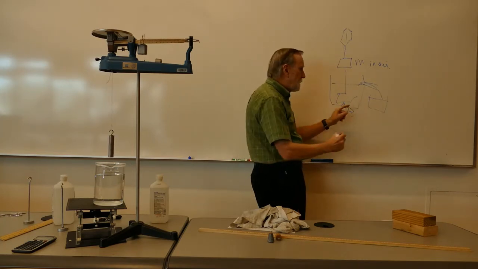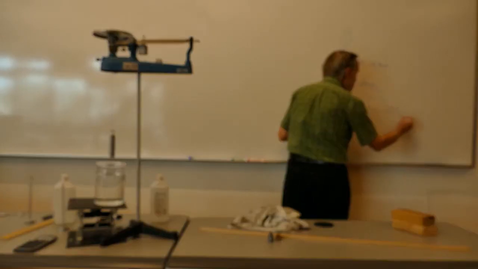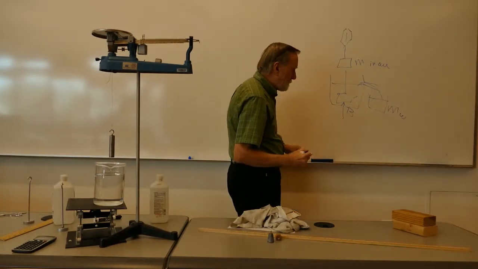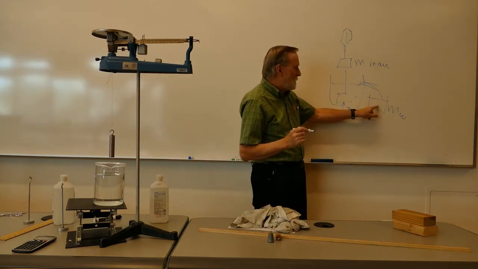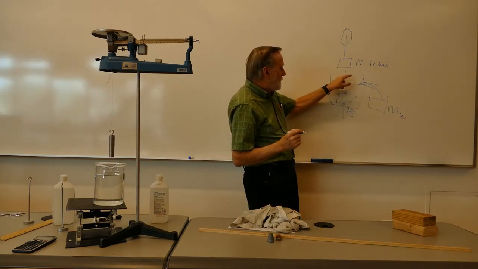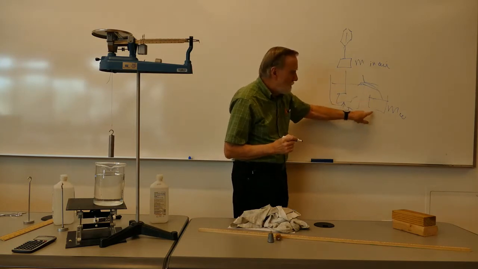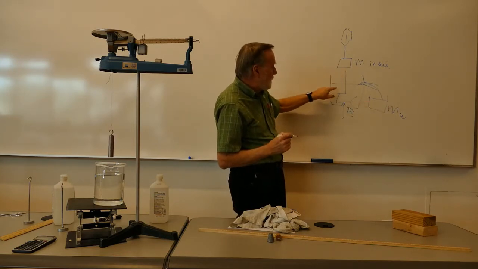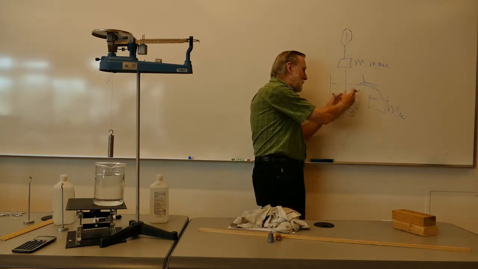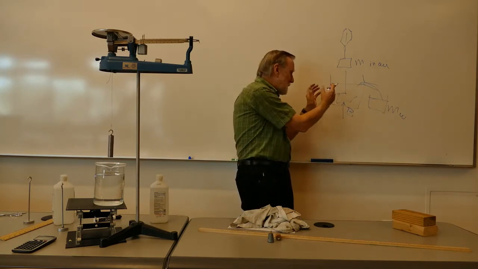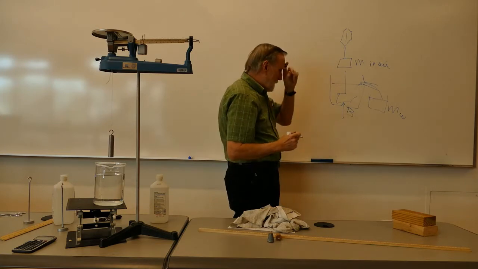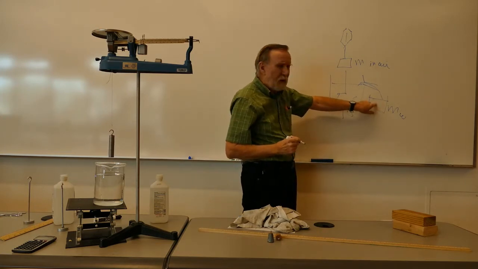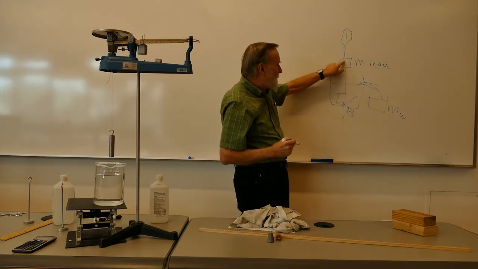Buoyancy force equals the mass of the water displaced. Notice that the volume of that water is equal to the volume of the object, because it's the object that displaced it. The object displaces the same amount of volume as its own volume.